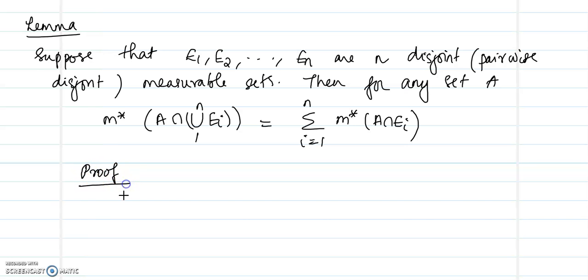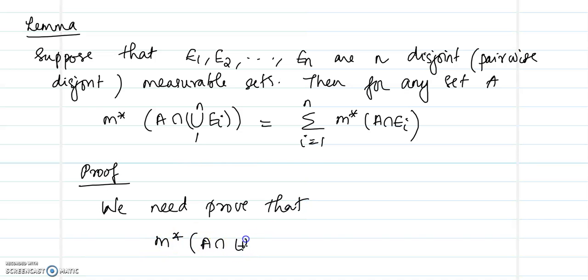So let us look at the proof. We need to prove that m star of A intersection union 1 to n Ei will be equal to summation i equal to 1 to n m star of A intersection Ei.